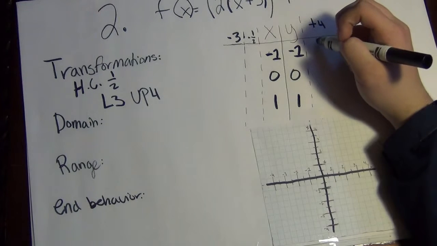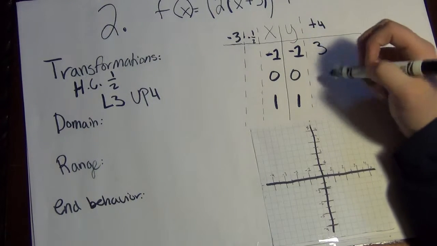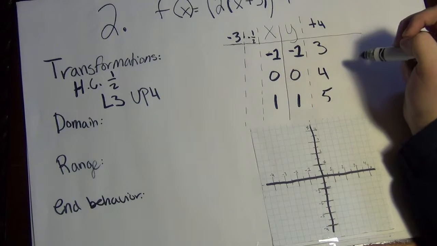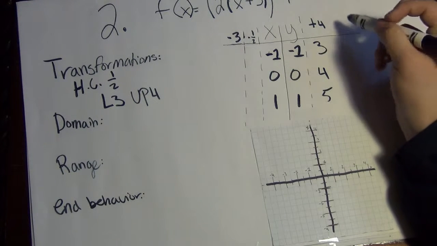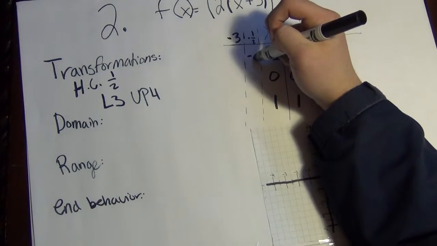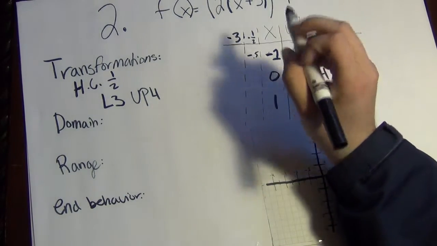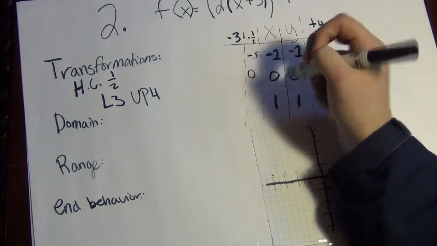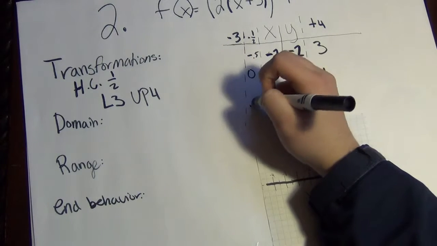So over here, all you're doing is adding 4. So it's 3, 4, 5. And then over here, you're multiplying it by 1/2. So -1 times 1/2 is equal to -0.5. 1/2 times 0 is 0. And then over here, 1 times 1/2 is 0.5.